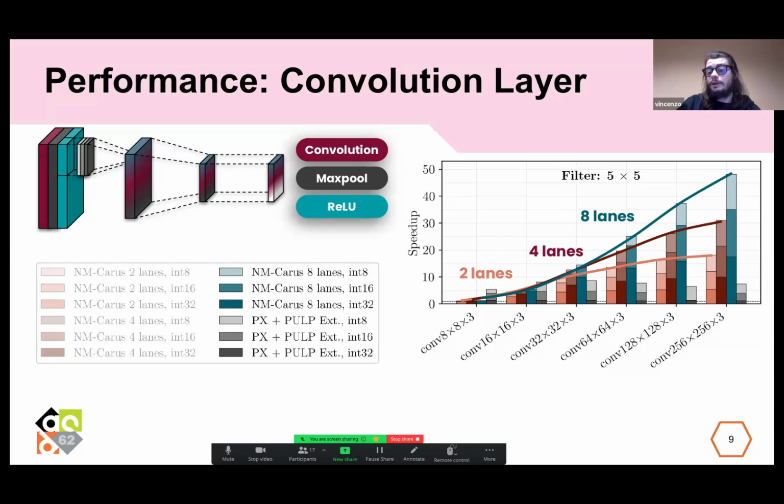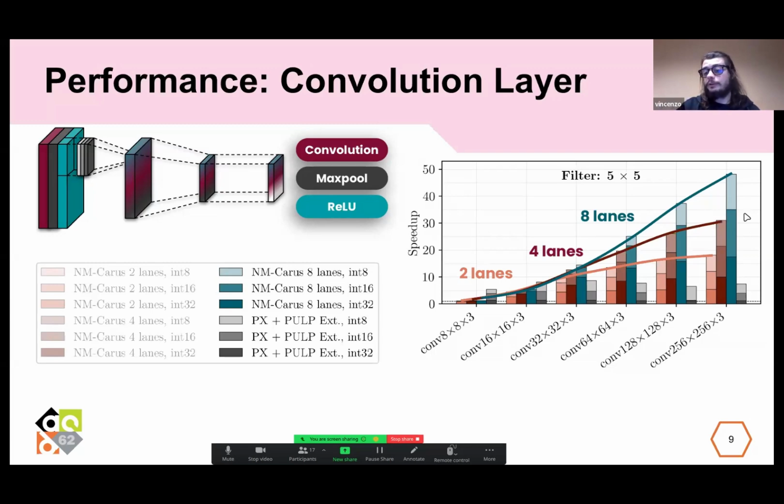What we see from this plot is that when increasing the data sizes, we are not saturating the throughput that the vector lanes can give us in the most performing configuration, which means we could actually go for higher kernels, so for greater input sizes.